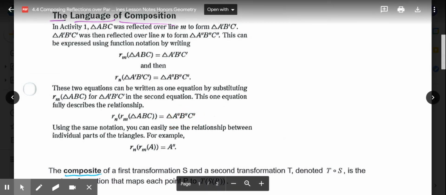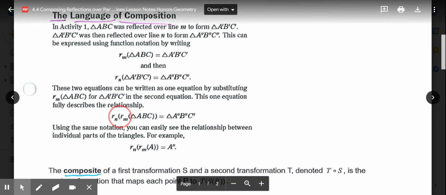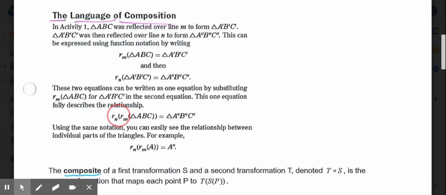So the way that this notation would read is triangle ABC reflected over line M, then that reflected over line N results in triangle A double prime, B double prime, C double prime. So this is our notation for the two reflections.